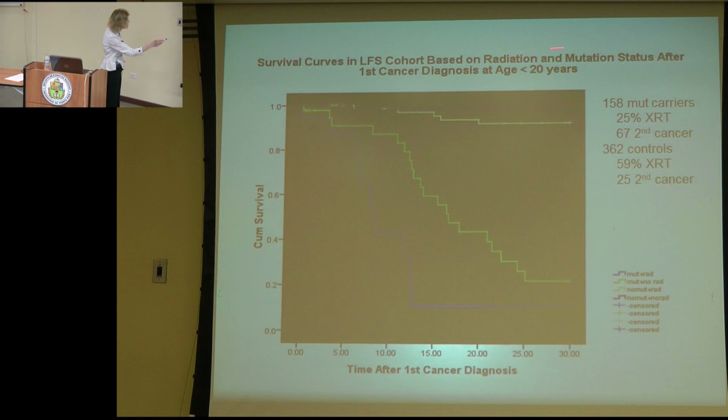These are individuals who are under the age of 20 at their first cancer. But here the median is within 5 to 10 years. If you had radiation, the risk is high even if you don't have radiation, but here it's more in the range of 15 to 20 years. So big, big impact. While there's a high risk of a new cancer overall, it's even higher if you were treated with radiation.